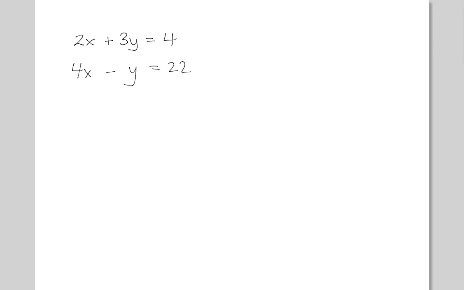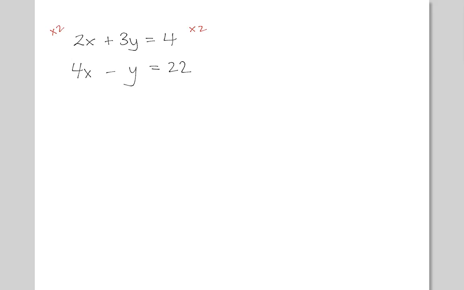So you have to do an extra step at the beginning. If you look at the 2 and the 4, they're really close in the sense that if I just times 2 by 2, then I'd have 4, right? So this is a skill that you can now use. Times the left by 2, times the right by 2.